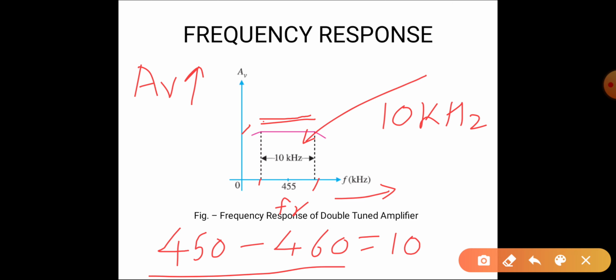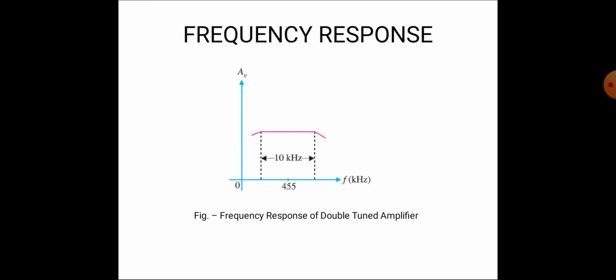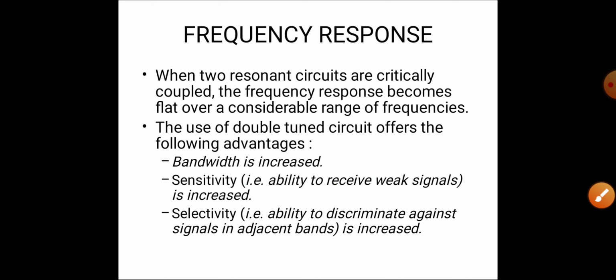But here, although you are seeing 10 kilohertz bandwidth, in range it is a very narrow band. So this is very useful when you want to amplify or select a narrow band or small range of frequencies. So this double tuned amplifier has very good advantages over a single tuned amplifier.